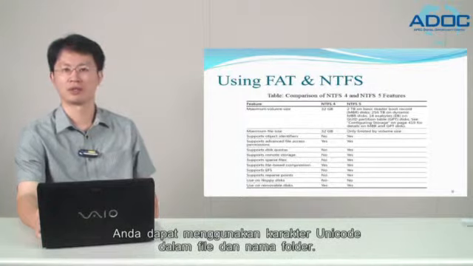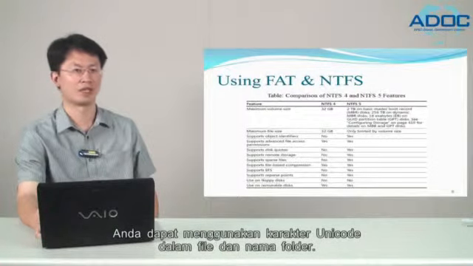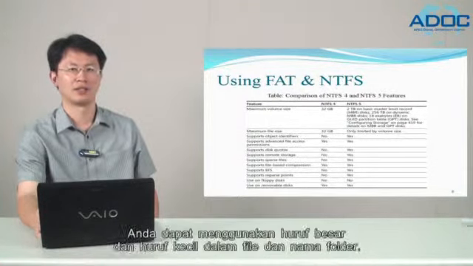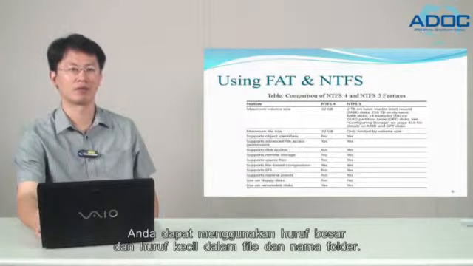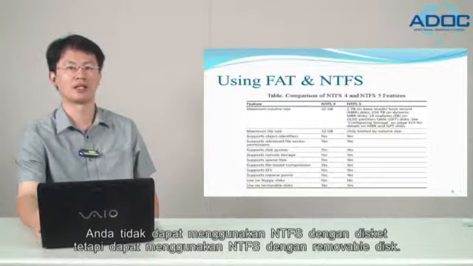You can use Unicode characters in file and folder names. You can use uppercase and lowercase letters in file and folder names. You cannot use NTFS with floppy disks, but you can use NTFS with removable disks.